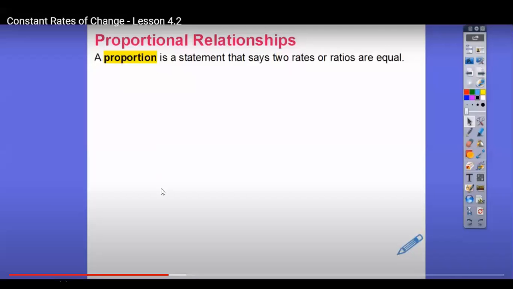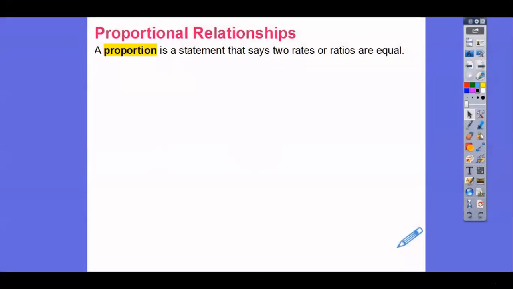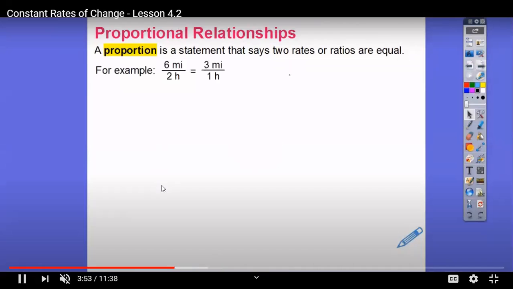A proportion. What is the meaning of a proportion? A proportion is a statement that says two rates or ratios are equal. So in the previous example, when we calculated the ratio each time, we found that it has the same or constant rate. For example, 6 miles over 2 hours.